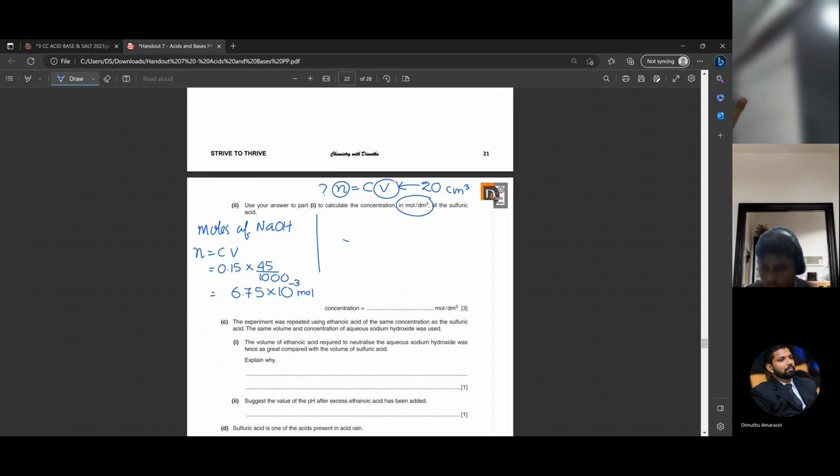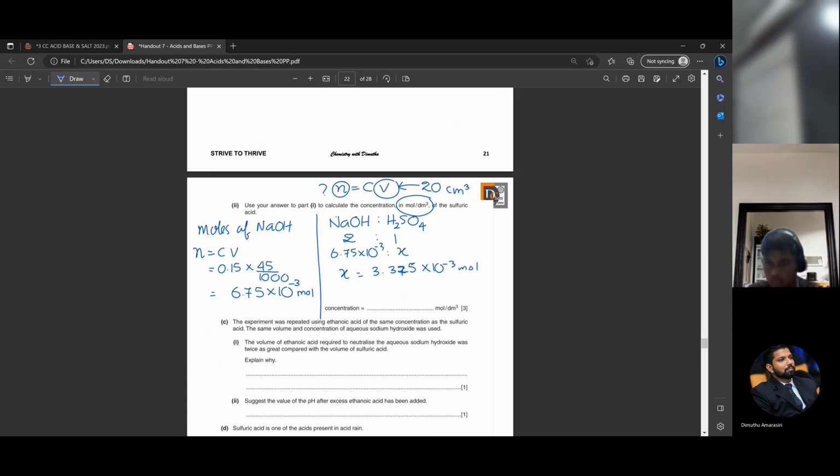And then you find sulfuric moles by using stoichiometry. Stoichiometry is 2:1. So 6.75 into 10 to the power minus 3 gives 3.375 into 10 to the power minus 3.